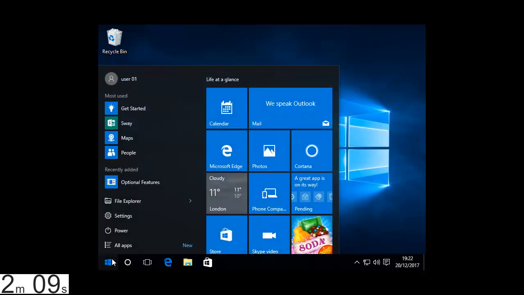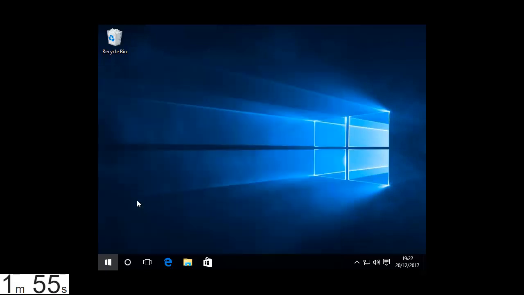Now we shall access the File Explorer. Once again, there is a delay in the response.